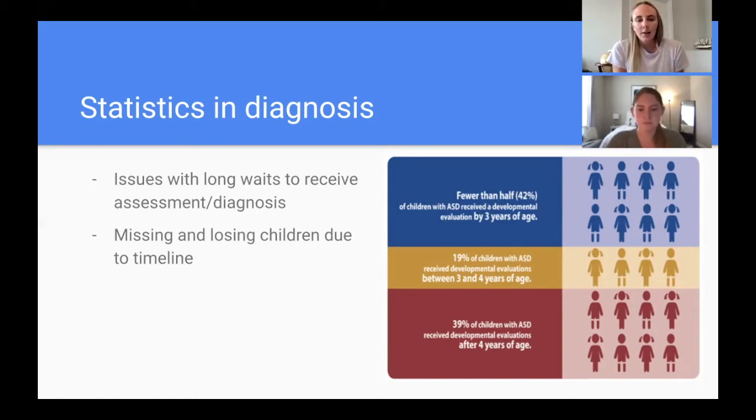And that's what this tool was hoping to overcome by being a tool for earlier evaluation. And so some issues that were currently being seen are long waits to receive an assessment and a diagnosis. And due to these long waits, some children were being lost in the process.